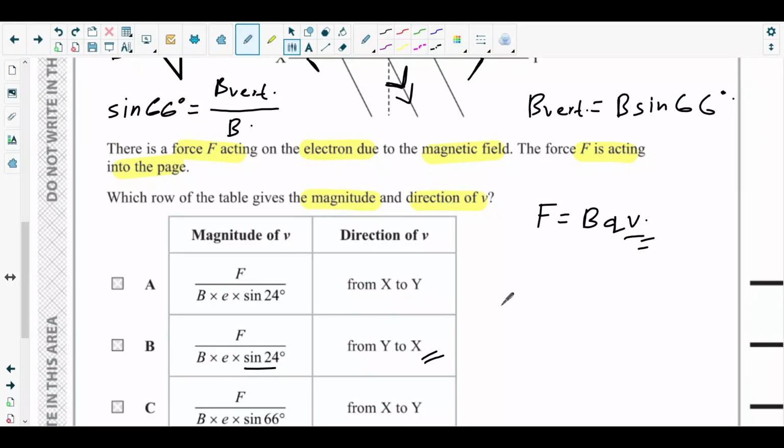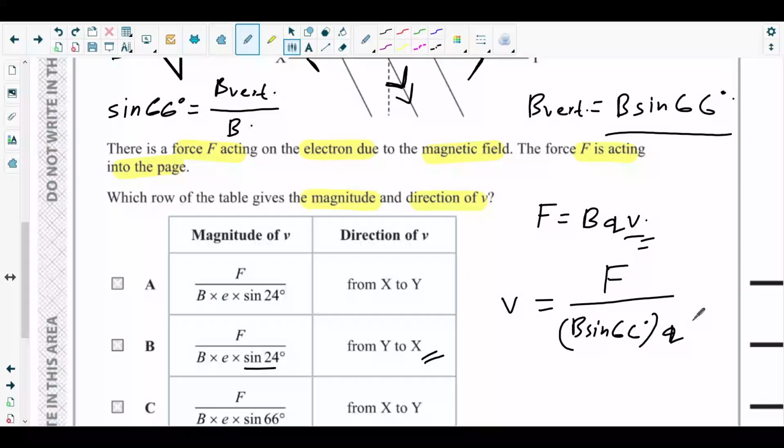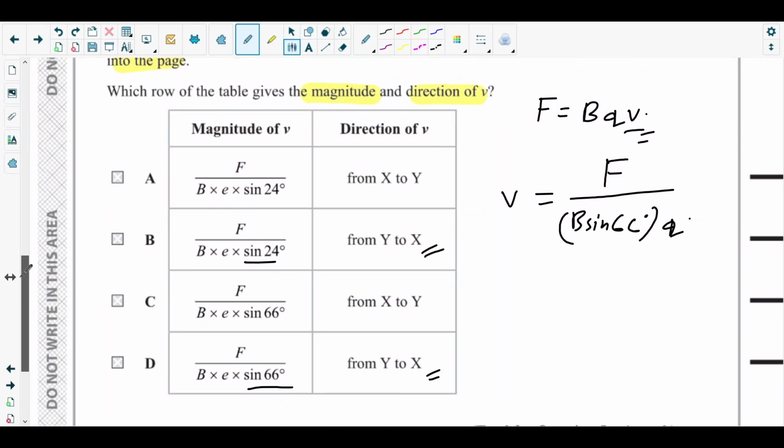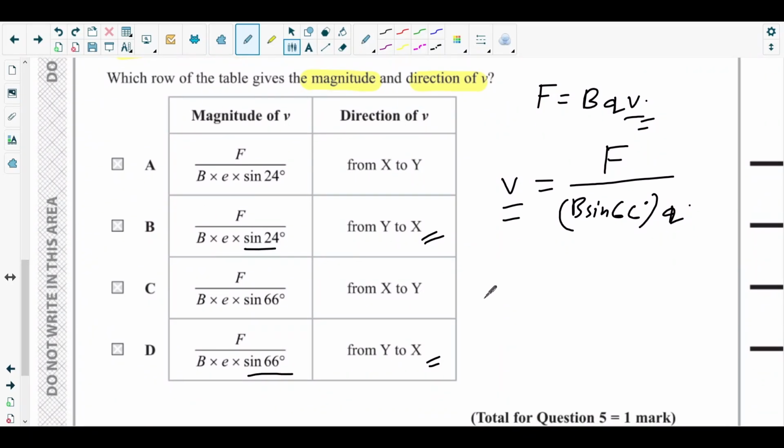If you make v the subject, v would be F over the perpendicular component, so B sine 66 degrees times Q. That's it.